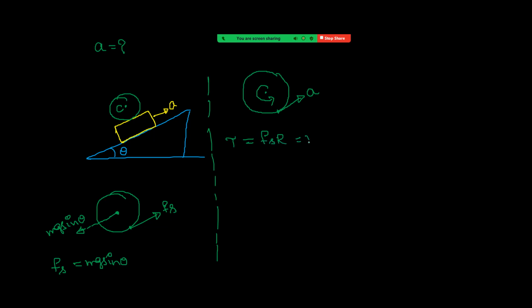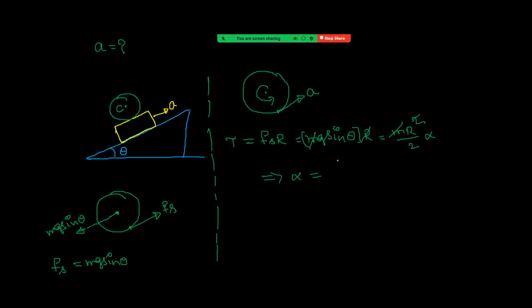That is mg sin theta into R, which is equal to I into alpha, and I is mR squared by 2. Then see what we get here. R gets cancelled.